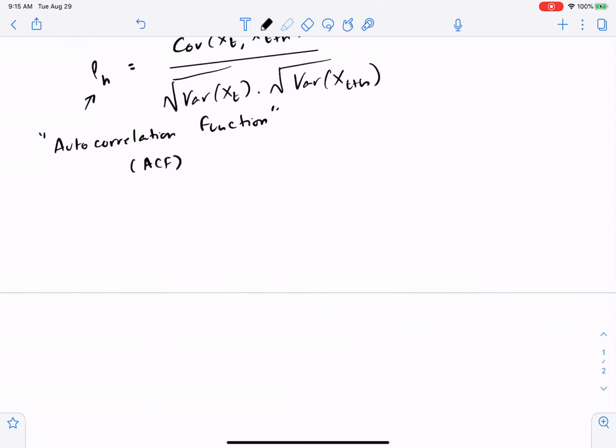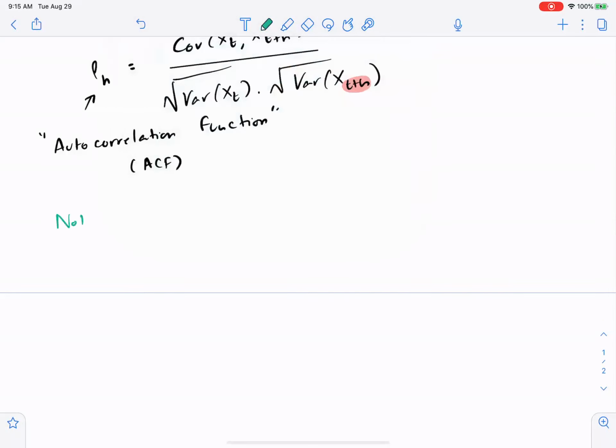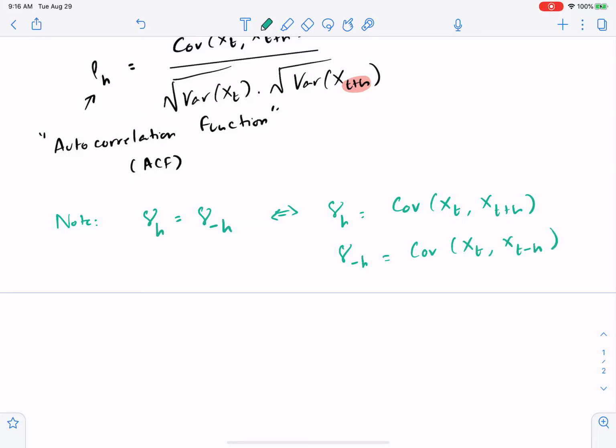Some textbooks, if you read or search in Google, might represent t plus H as t minus H. So, side note, gamma of H is the same as gamma of negative H, in the sense that whether you write it as covariance xt comma xt plus H, or covariance xt comma xt minus H, they mean the same thing. They are equivalent.